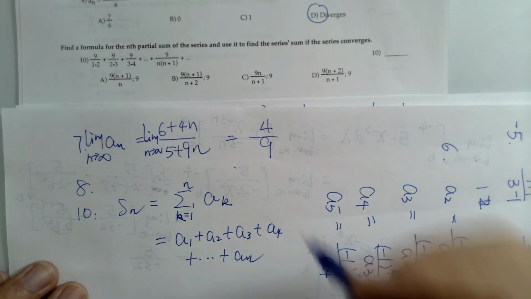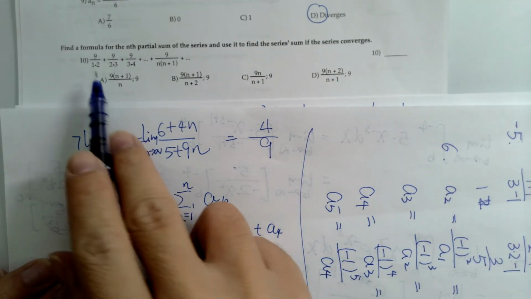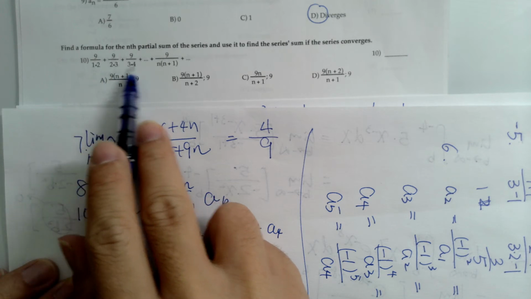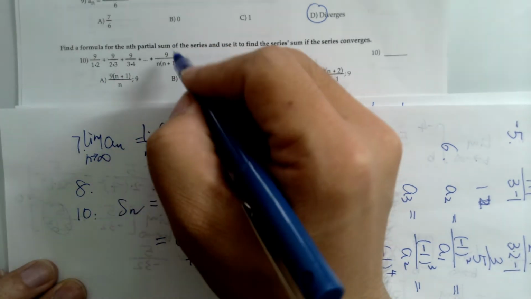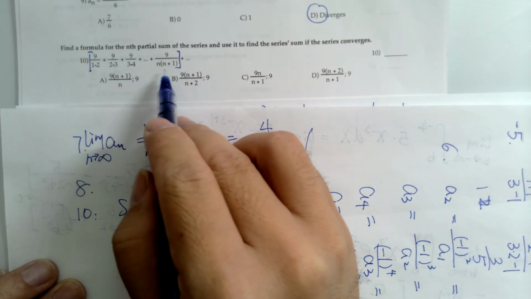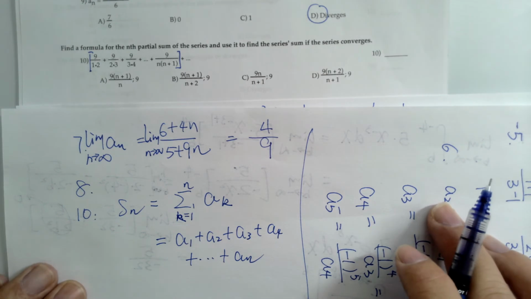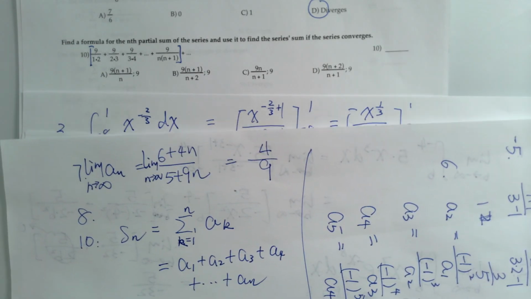Okay, so that's the summation here. You can see that this is our a1, a2, a3, up to this is an. So basically what we're looking for is the nth partial sum. So what can we do?